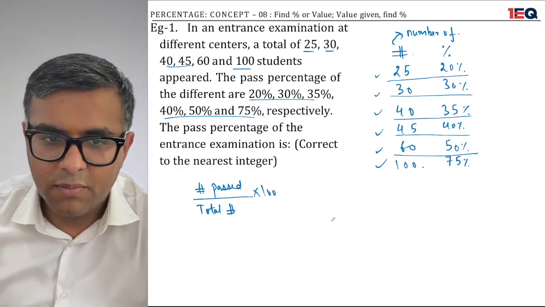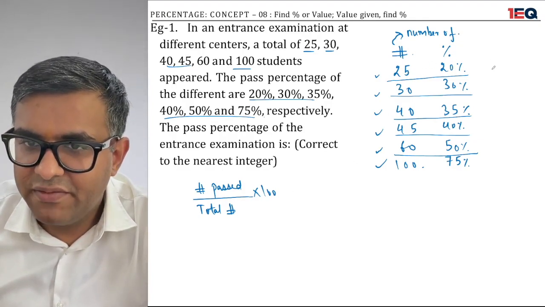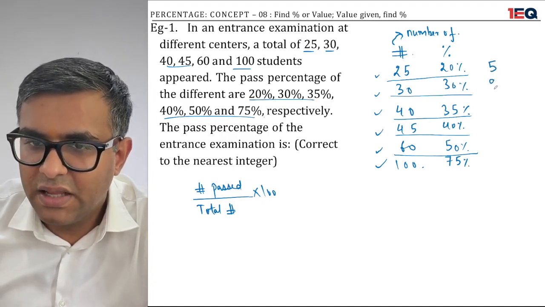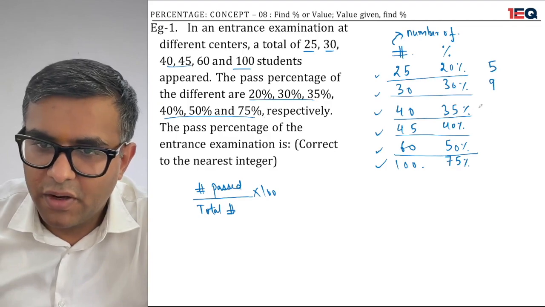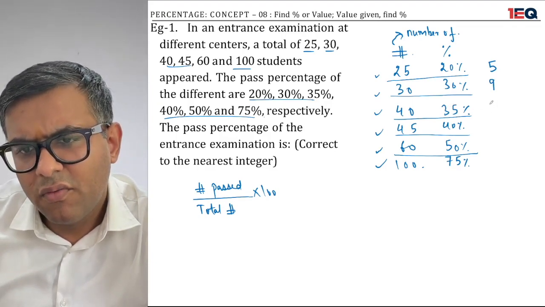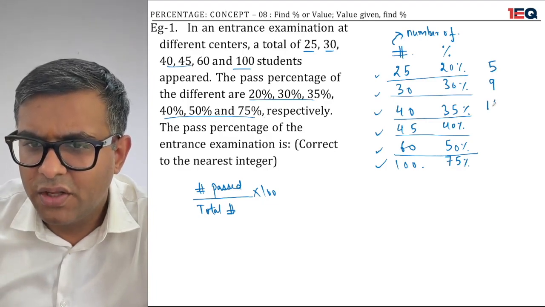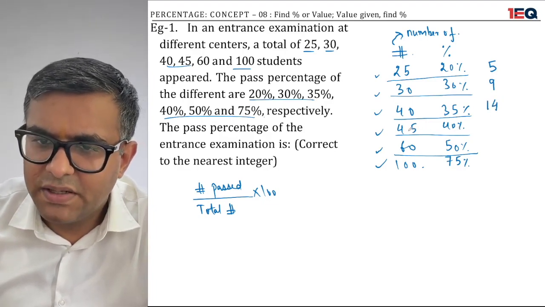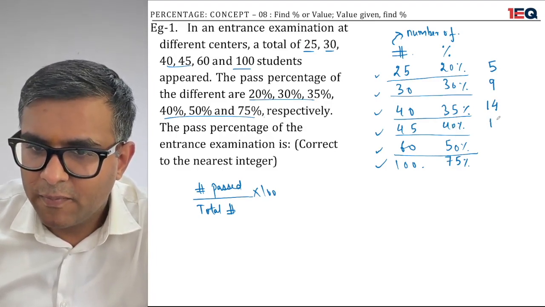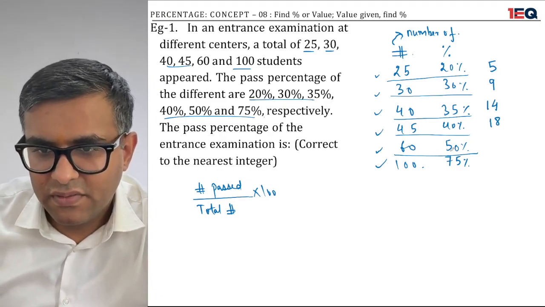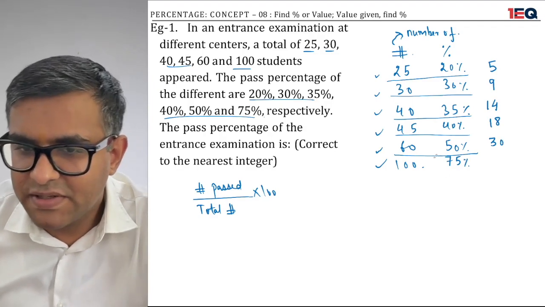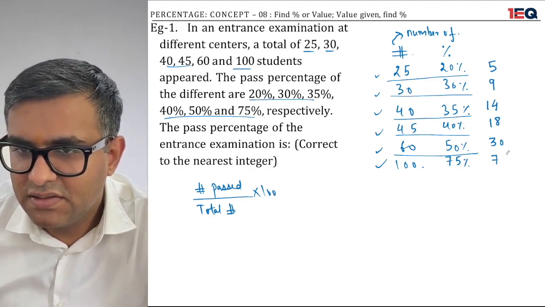Number of passed students: 20% of 25 is 5, 30% of 30 is 9, 35% of 40 is 14. 4 5s are 20, 4 3s are 12, no, it is 14. 40% of 45 is 18, 50% of 60 is 30, and 75% of 100 is 75.